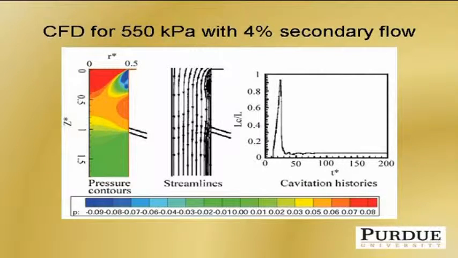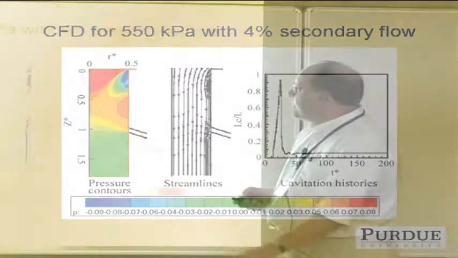Now we took this also to, we ran axisymmetric unsteady, and we're trying to sort out what really is going on in these internal flows that's creating the effects we're trying to see.